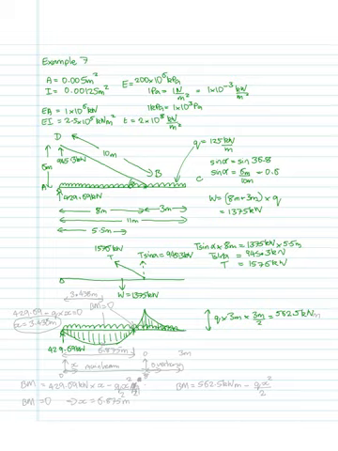So we can work out an expression for, let's divide the beam up into two. So we'll call this bit the main beam, and then we'll call this bit here the overhang.